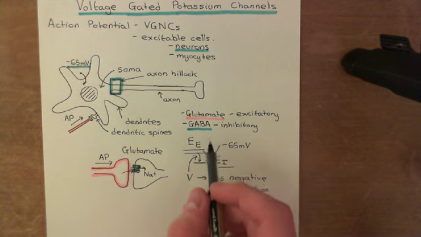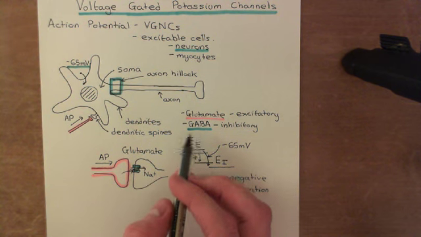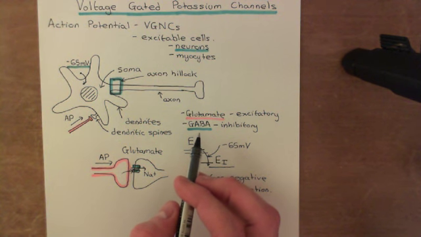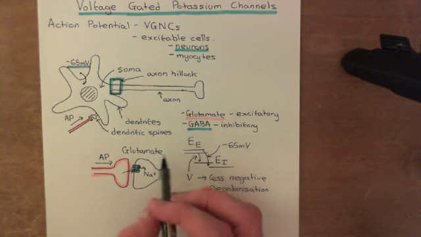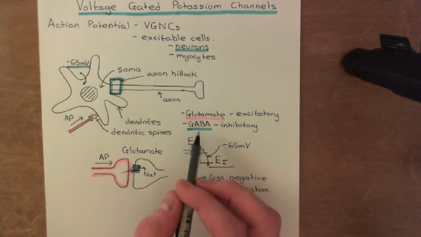GABA does the exact opposite. GABA will open ligand-gated ion channels as well, but those ligand-gated ion channels will be for chloride anions, negatively charged ions, okay? And again, chloride will come into the cell when you open those chloride channels.